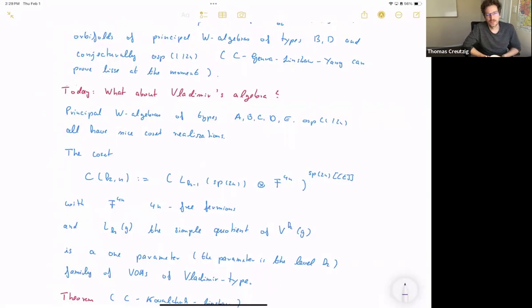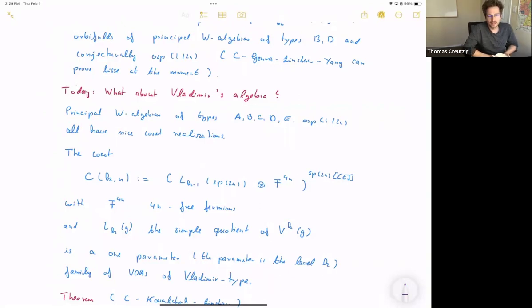And this diagonal coset is then, as a one parameter VOA, this type of W algebras. So the type ADE are the famous GKO cosets, and the other ones follow, for example, from Andy and my triality.